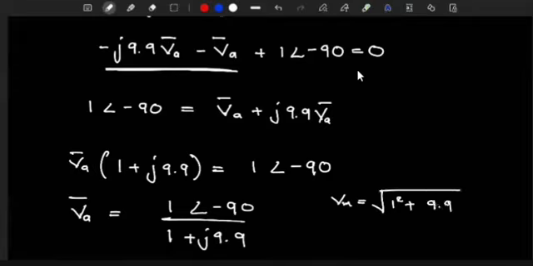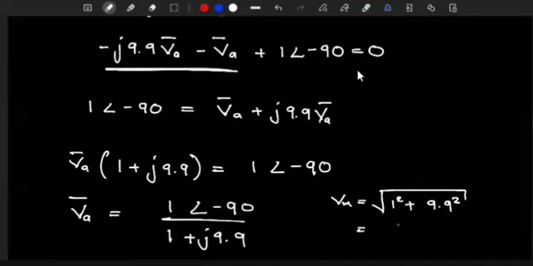You remember this? What would be the value there? 9.95.